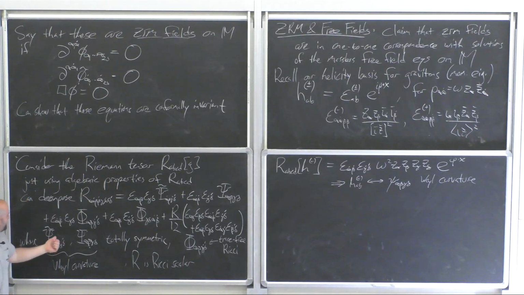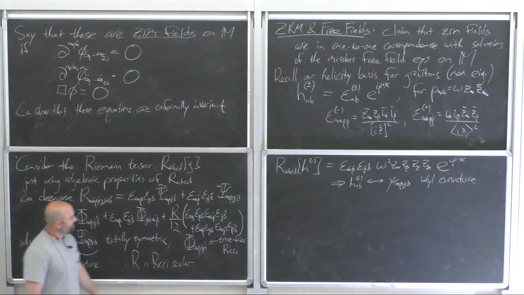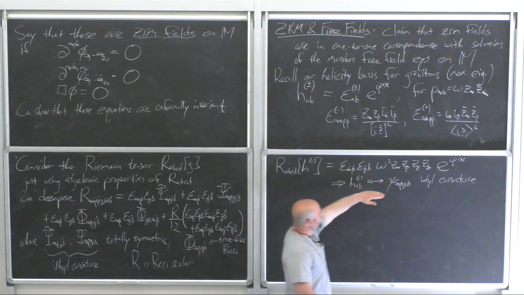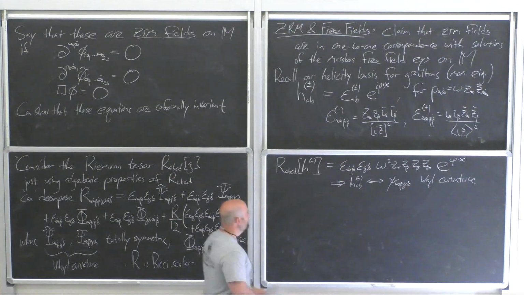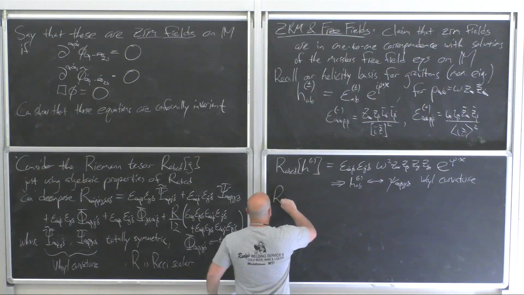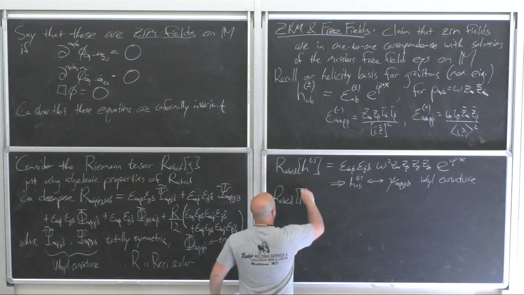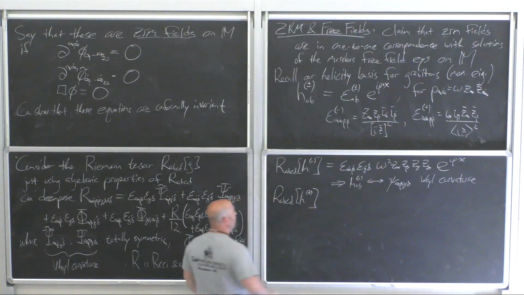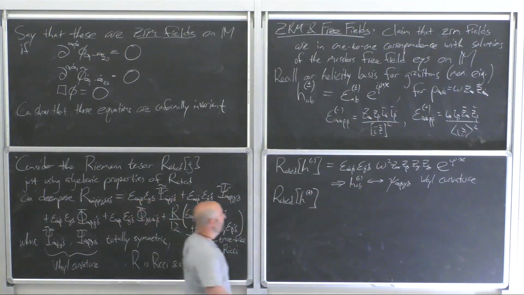So in a sense that I'll explain another day, you should think of this as the self-dual part of the Weyl tensor, and this is the anti-self-dual part of the Weyl tensor. And the negative helicity guy only has anti-self-dual Weyl curvature. Similarly, do the same calculation for H plus. What do you know?